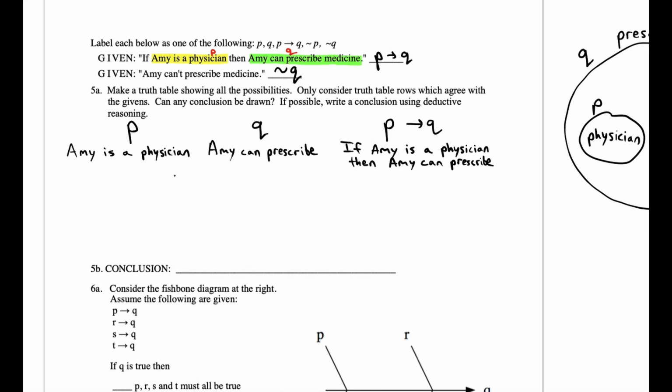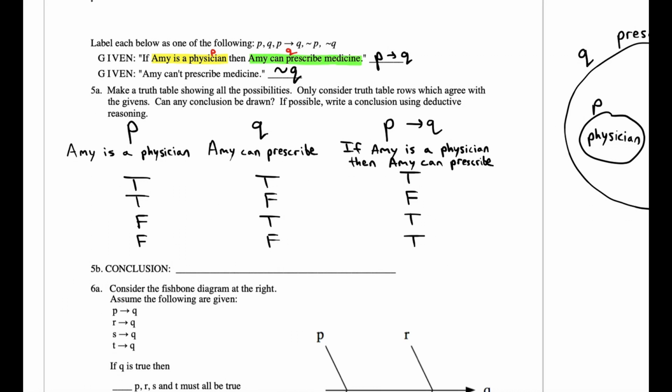As always, we want the combinations of true and false, in the conventional order of TT, TF, FT, and FF. For any conditional statement, we're going to have TFTT in the last column.